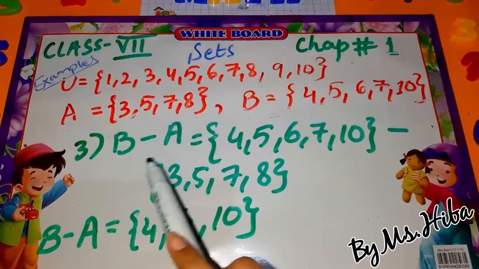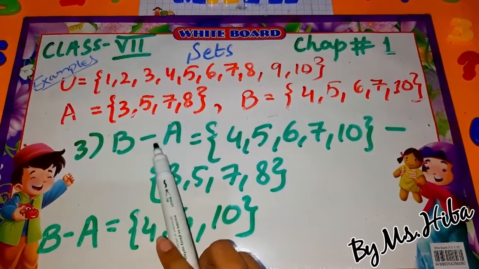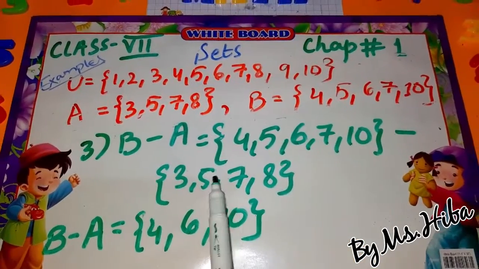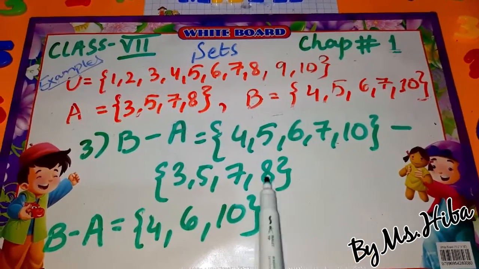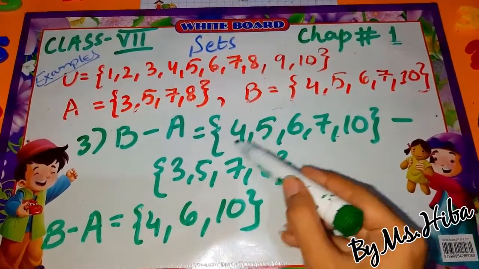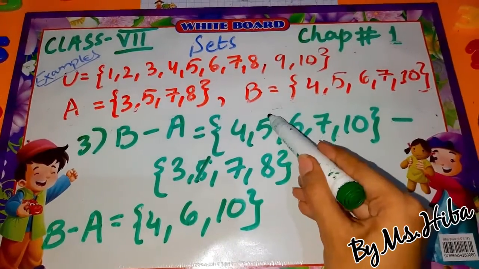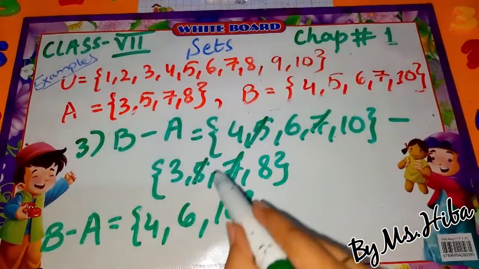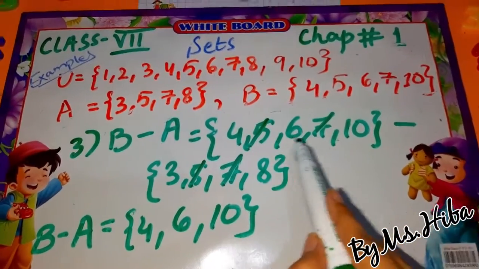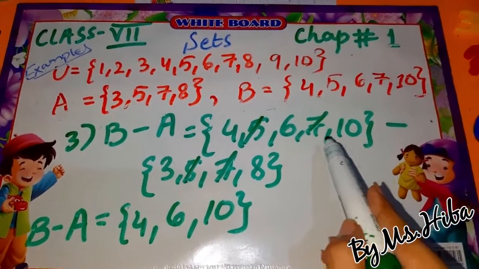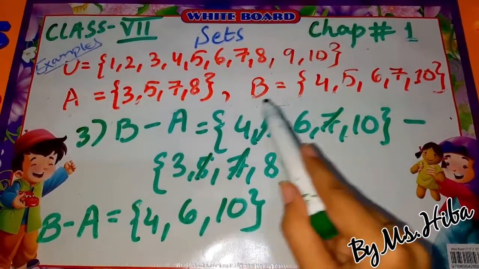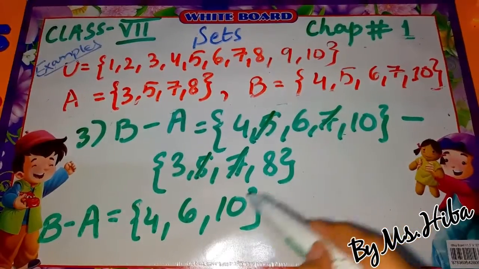Now question number 3 was B difference A. So I write set B, then the difference sign, and then set A, and I subtract both sets. The common numbers will cancel each other, 5 and 7, and as we can see there is not any other number which we can subtract, so the numbers left in the first set will be the answer.